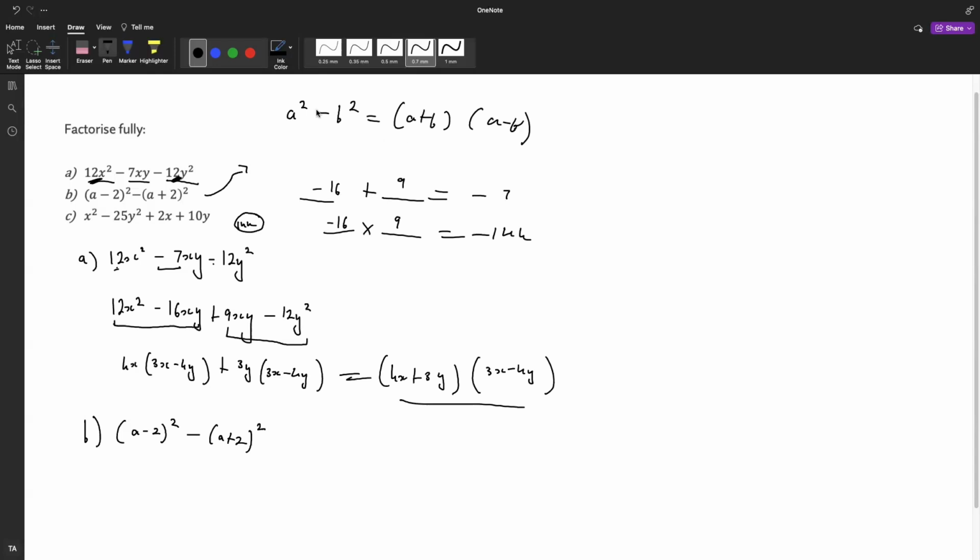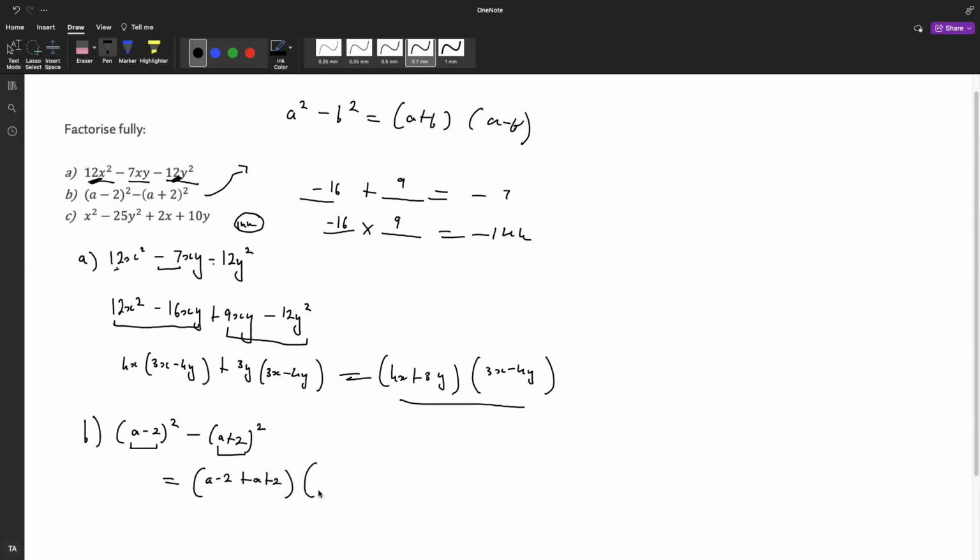If you can see, even in this expression, what we have is an expression squared minus another expression squared. So to factorize that, we would do the first expression, so this is a minus 2, plus the second expression, plus a plus 2.